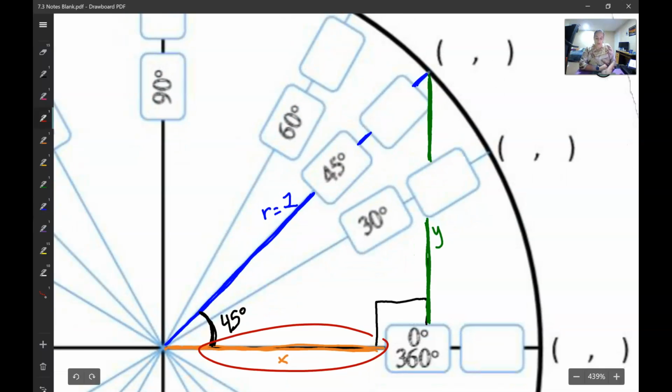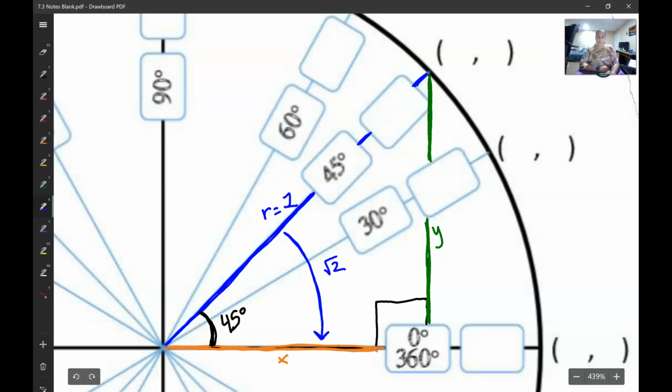Now I also know these small sides are going to be the same, because it's a 45, 45, 90. And if I want to get from this bigger side to either one of the smaller sides, I'm going to use that root 2. Now I'm getting from something bigger to something smaller.